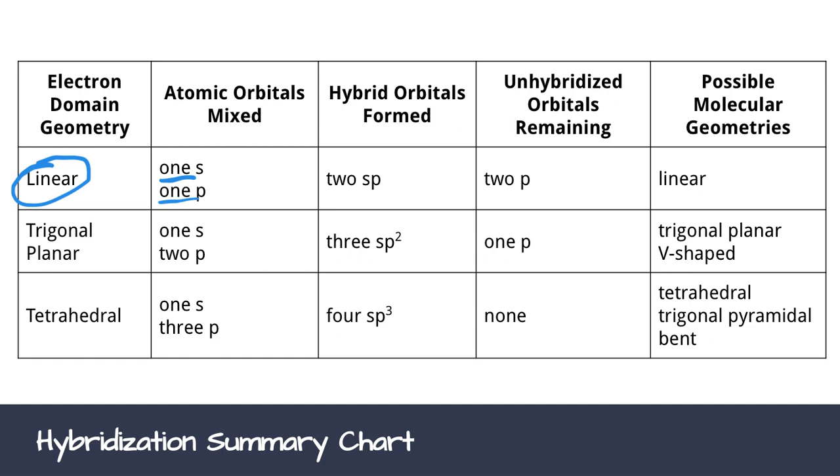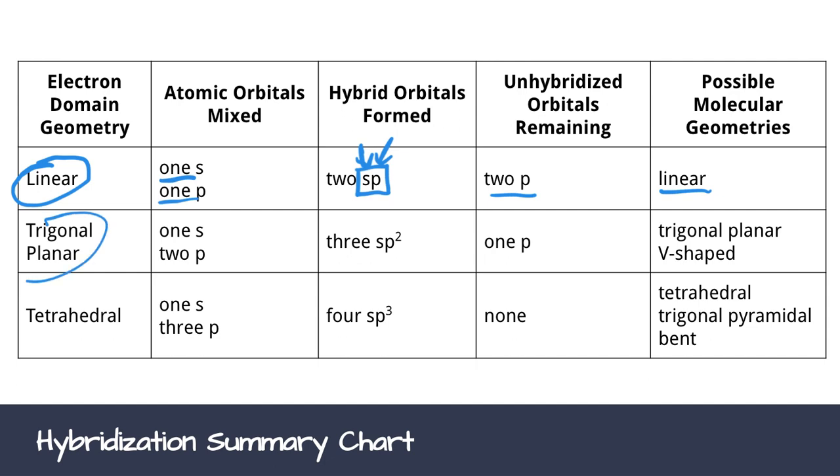So it's going to form 2 sp hybrid orbitals. So it's taking 1s and 1p and hybridizing the 2 of those. There are going to be 2 p orbitals left over that are unhybridized, and the only possible molecular geometry related to that is linear. So if you have a linear molecule, you know you have sp hybrid orbitals.